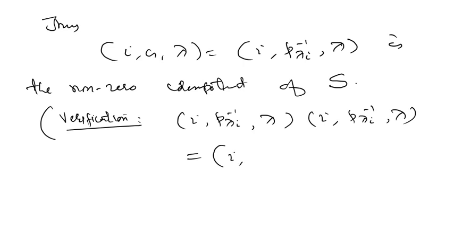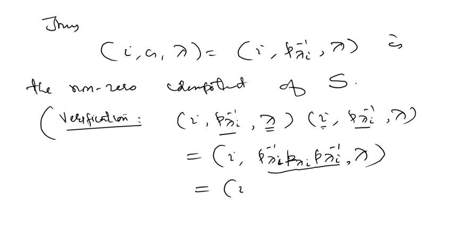So it's I, then you take these two, P lambda I, P lambda I inverse, and P lambda, जो यहाँ पर जो इसका जो सेंटर है ना इस इन तीन एलिमेंट्स, it's P, then these two indices P lambda I. Okay, then again you write this P lambda I inverse, that's the definition of the product, and it's here lambda. And this thing is equal to I P lambda I inverse lambda, because the product of these two elements is identity. तो ये इसी के बराबर आ गया ना, बस.